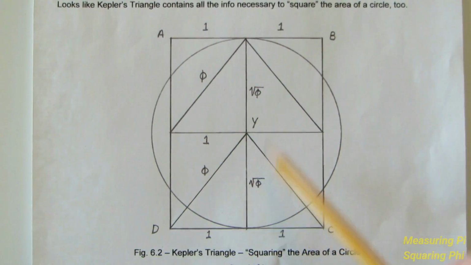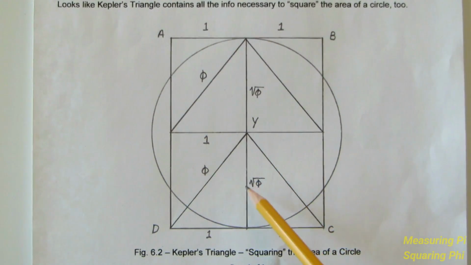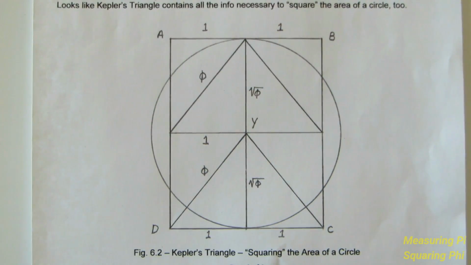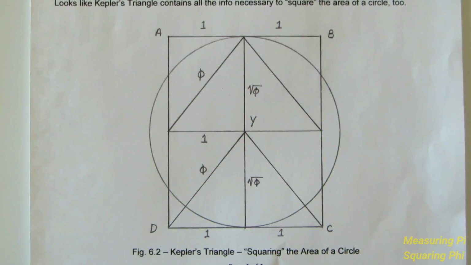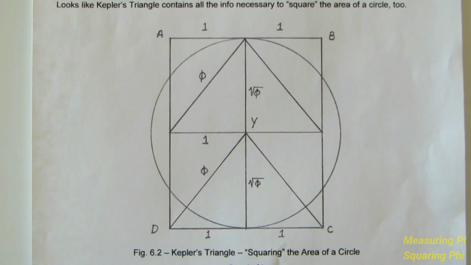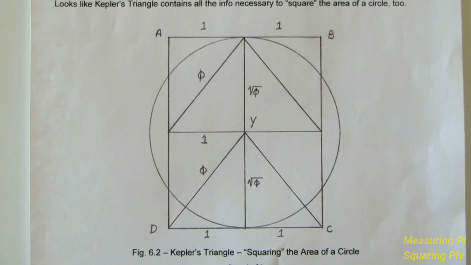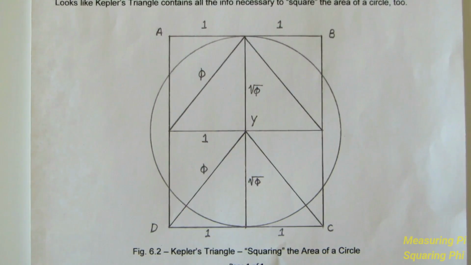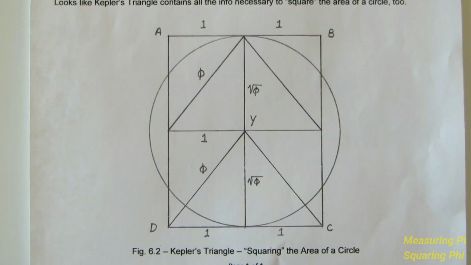Square root of phi squared is phi. We already know that phi times pi equals 5.088076 from previously in proof 6, in which we calculated the circle with a diameter equal to the hypotenuse of Kepler's triangle.